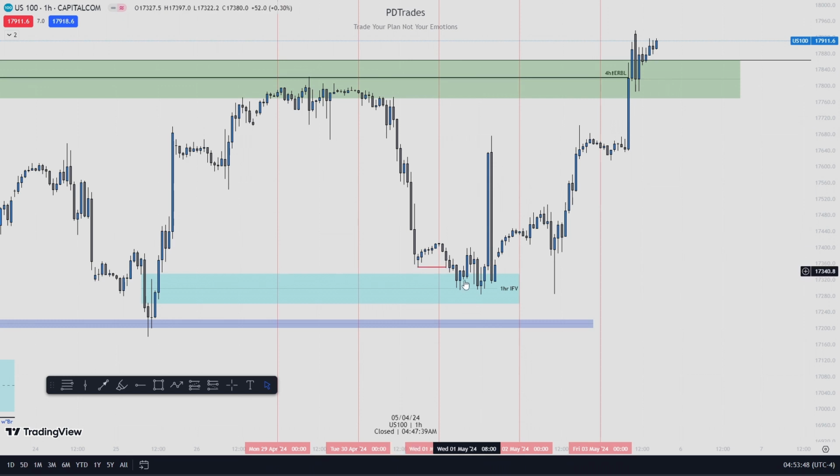We took out liquidity. We rejected inside this inversion fair value gap here. This is a high probability inversion fair value gap. When you see this fair value not respected, there's displacement to the buy side, and price hasn't returned to it, you should mark it. Price might use it as a support. It did use it as support to the buy side.